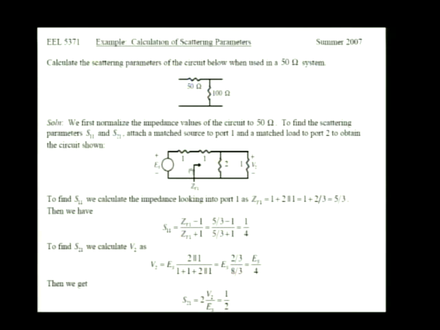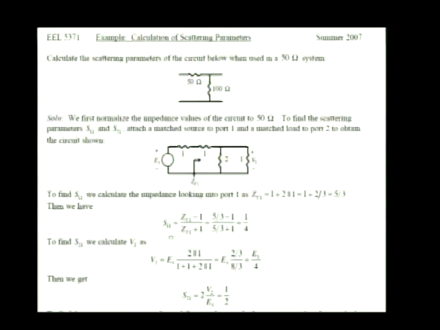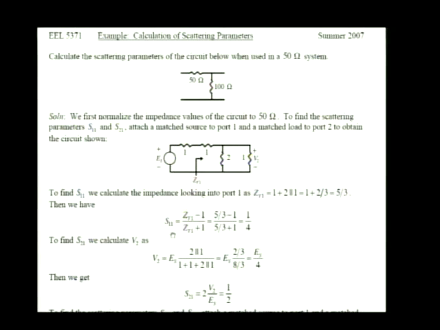That's the impedance looking into the input terminals of the 2-port when it has a matched load connected to the output terminals. Then the formula for S11 in terms of that input impedance is ZT1 minus Z0 over ZT1 plus Z0. That was the original equation.